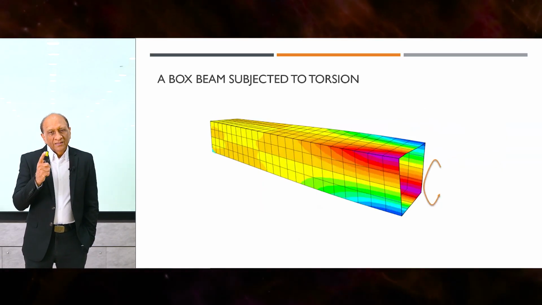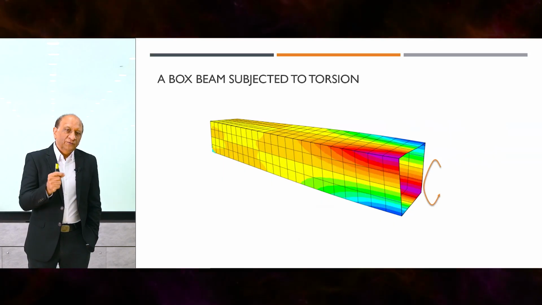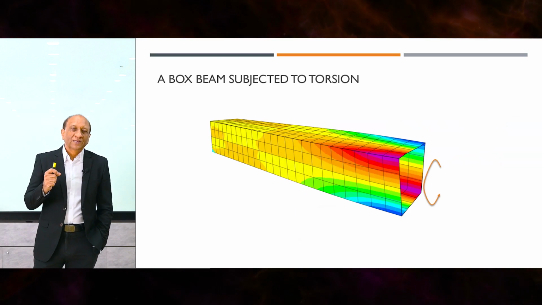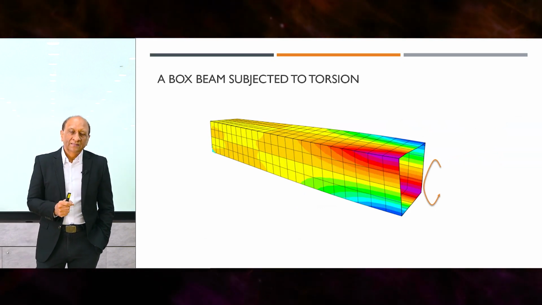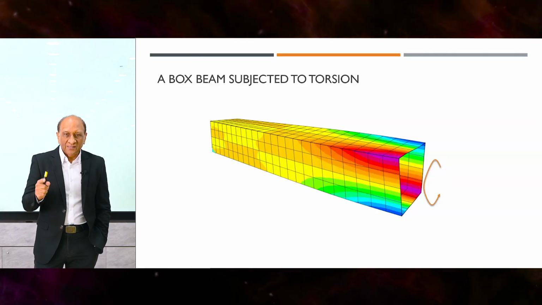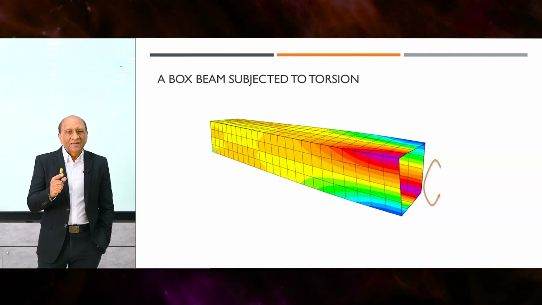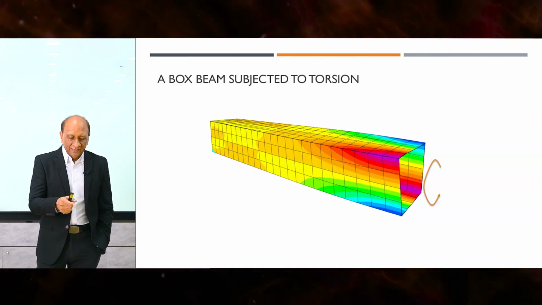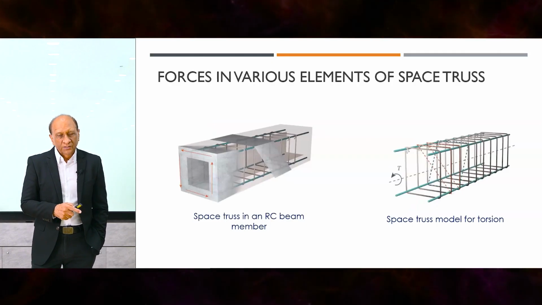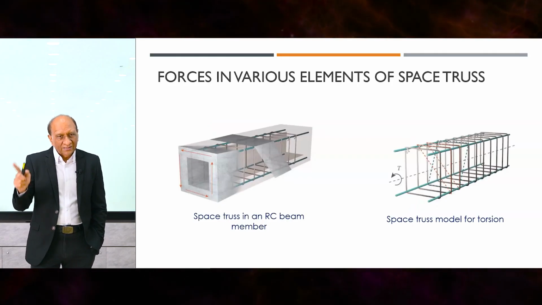So this was first recognized in the design of torsion for beams. Those of you who are as old as I am may remember that torsion design of beams used to be extremely complicated earlier in the codes when they tried to account for the stress pattern using the traditional method. But later they realized that this is not necessary, and it was simplified, and the space truss model was introduced in the codes, which says that torsion produces just shear stresses around the section.